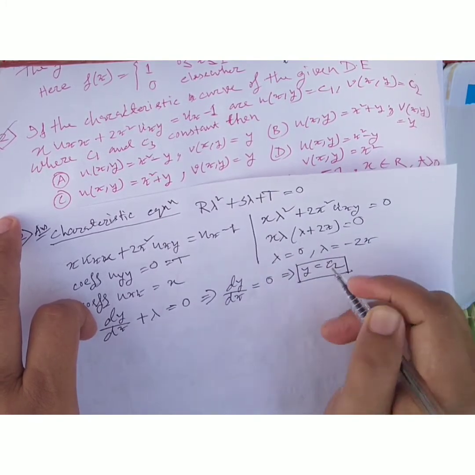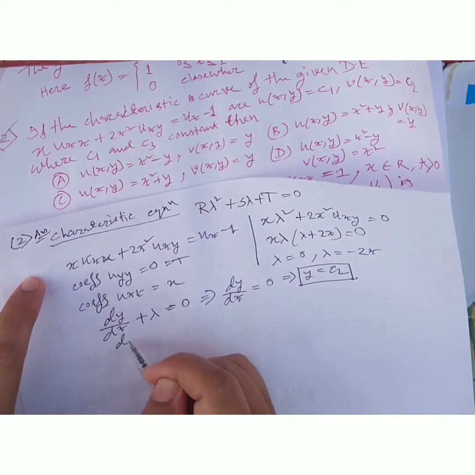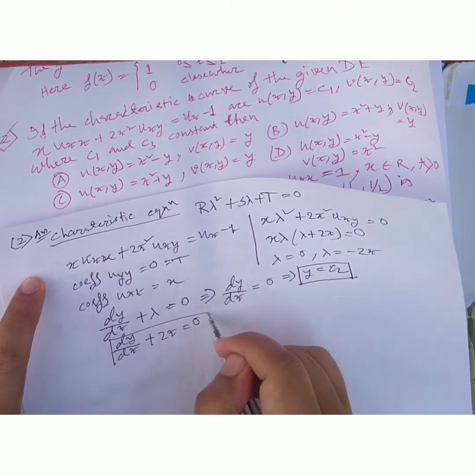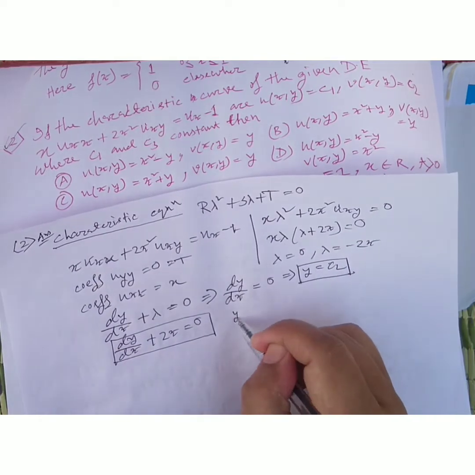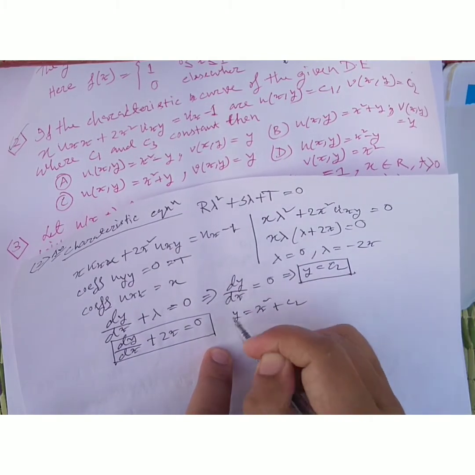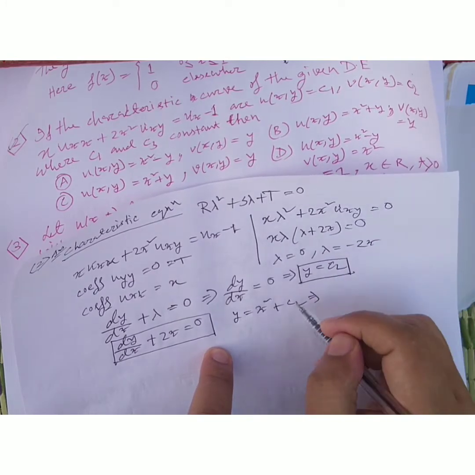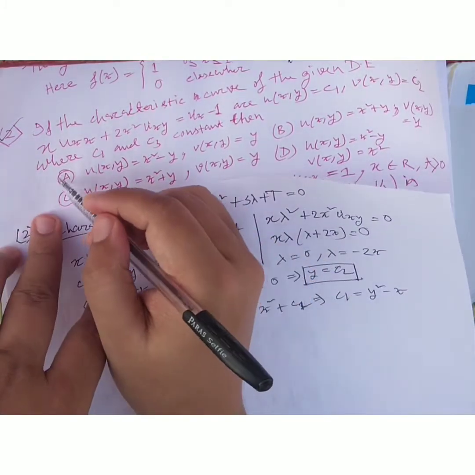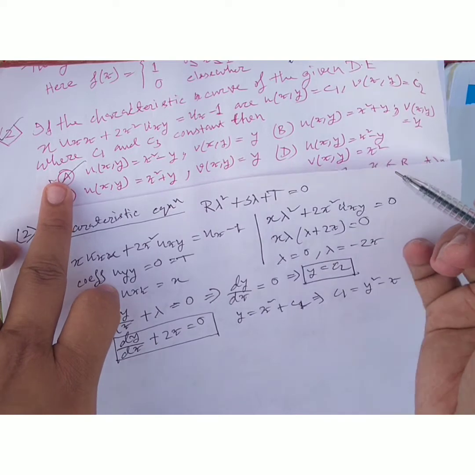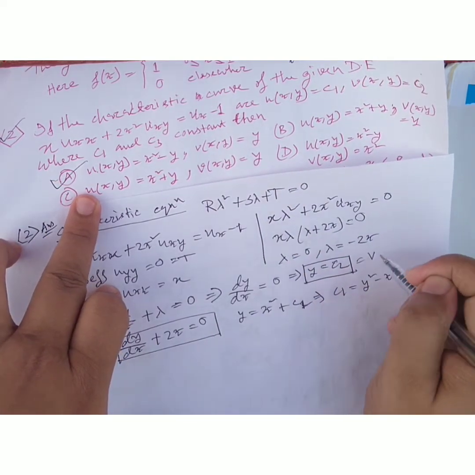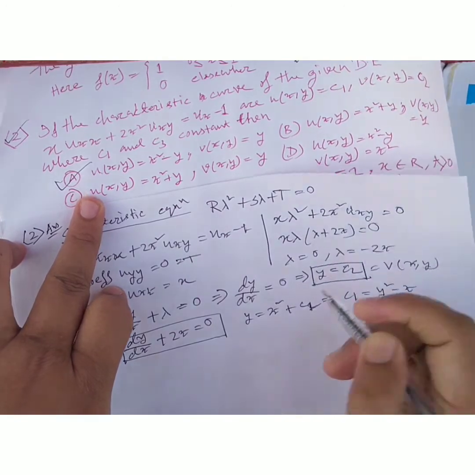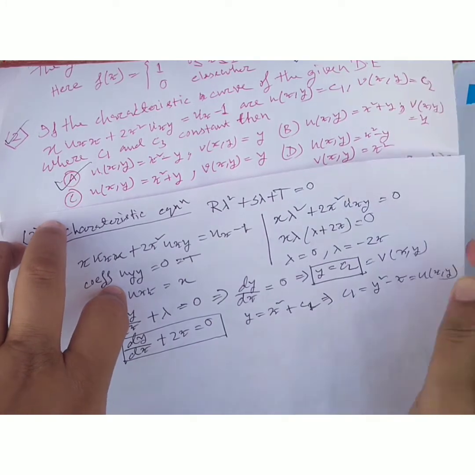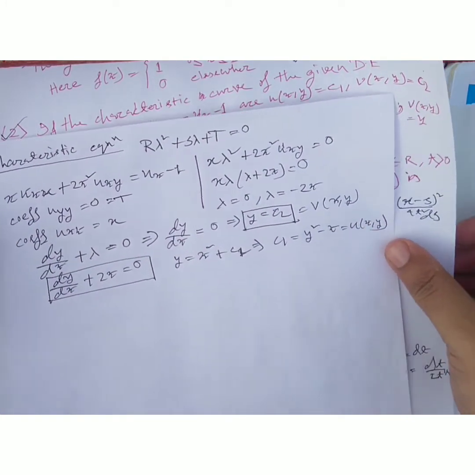And for the other, dy by dx plus 2x is equal to 0, so y is equal to x square plus c2, this is c1, and c1 is equal to y minus x square, and my answer is option A, means y is equal to c2 means v(x,y), and the other is c1 means u(x,y). Clear? I hope it is clear for everyone.